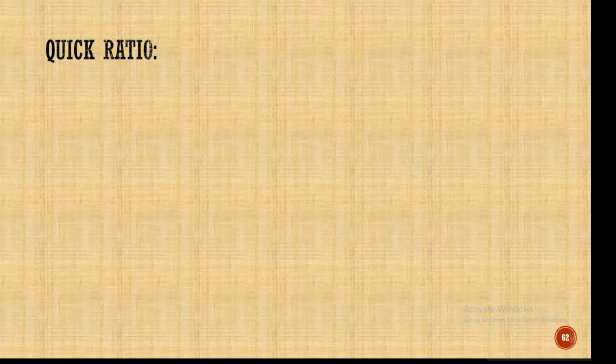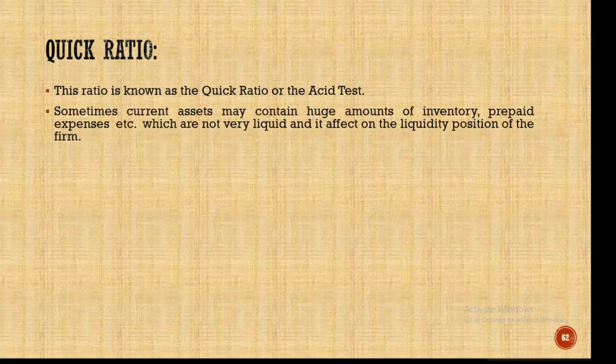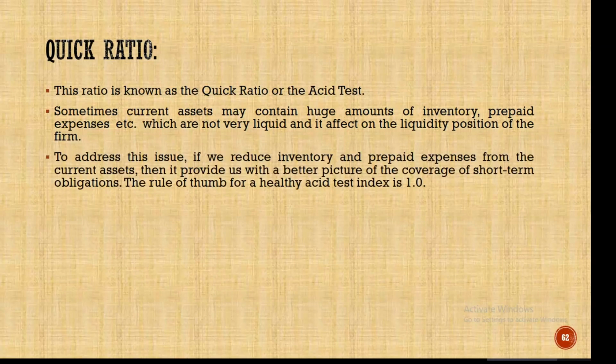Next is quick ratio. This ratio is also known as the acid test ratio. Sometimes current assets may contain huge amounts of inventory, prepaid expenses, etc., which are not very liquid, and it affects the liquidity position of the firm.